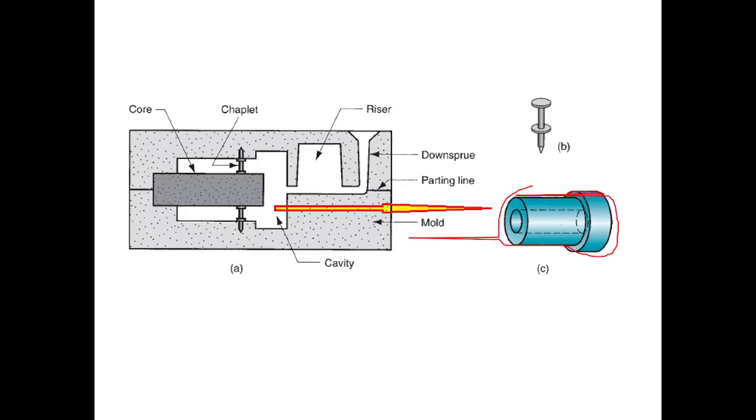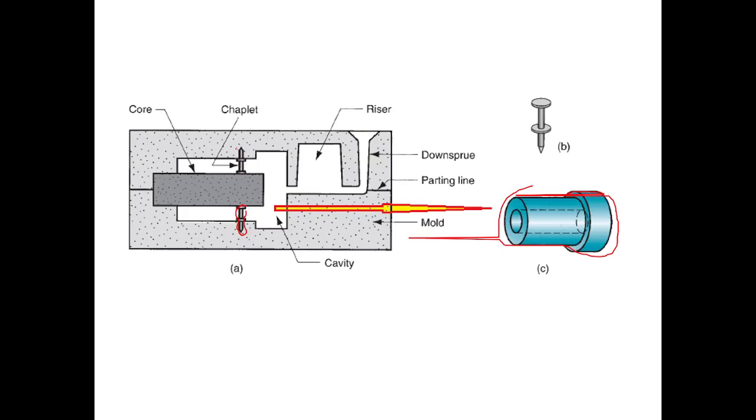Well, the complementary part in the content of the lesson of this record is on the chaplet usage. What is a chaplet? Some cases need to support cores using such special elements.